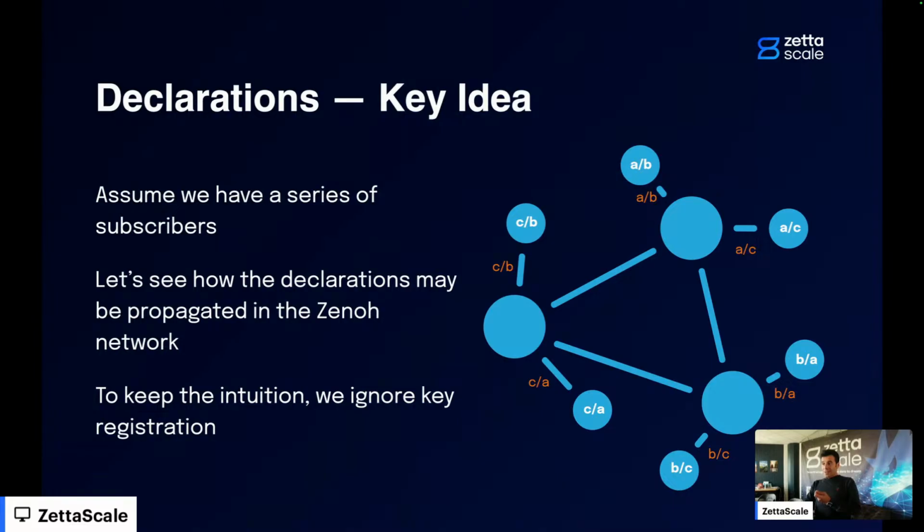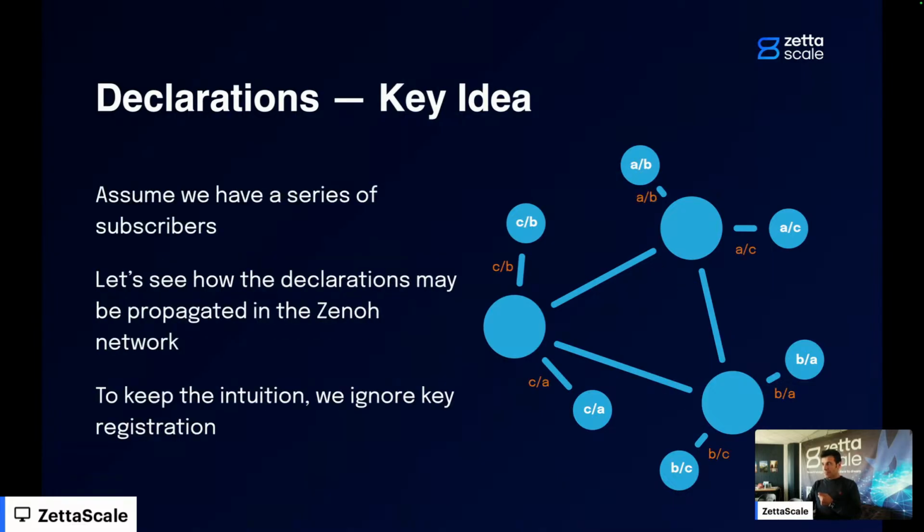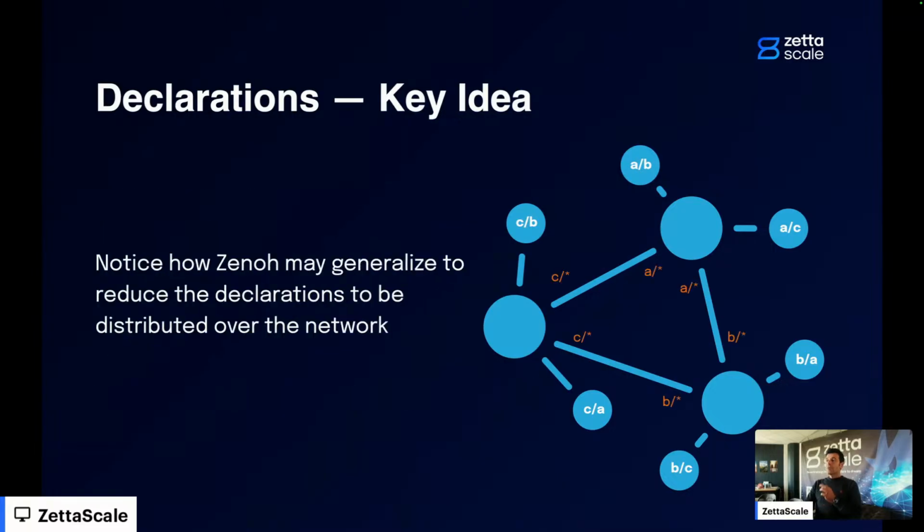So when this is declared, Zenoh will propagate this declaration to the next hop. Let's assume the next hop was a router, okay? And actually, let me go back. Potentially, you have no clue of what will be declared to the rest of the network.